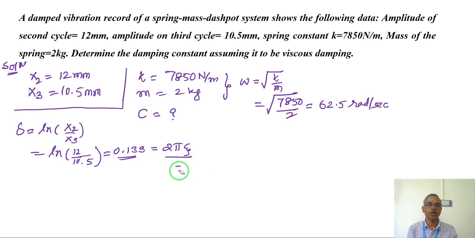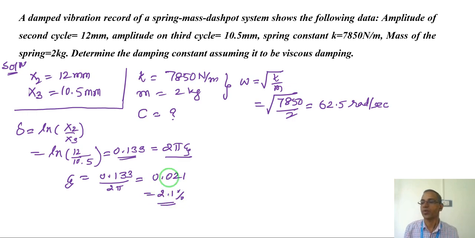At this point it is not required. So from this relation, xi is equal to 0.133 by 2 pi, which will be equal to 0.021. That means 2.1% damping. See, very little damping, 2.1%.